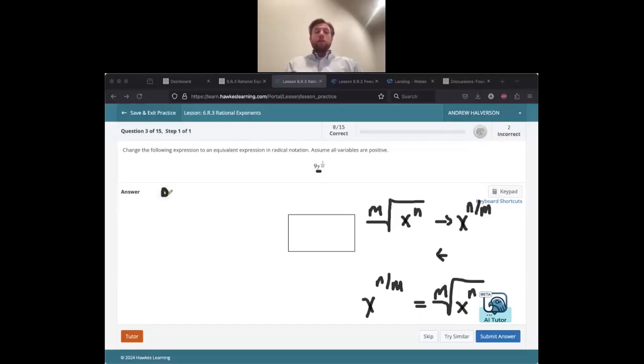So think of it this way. This is the same thing as writing 9 times y to the 3/10 power. Convert that. The 9 hangs out in front, and this becomes the 10th root. The denominator becomes the root of the radical, of y to the third.